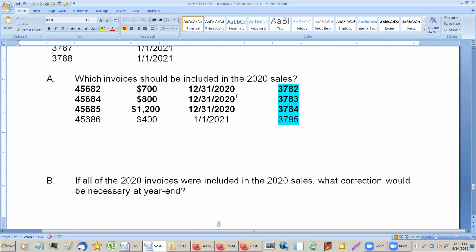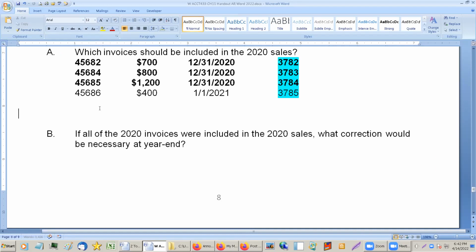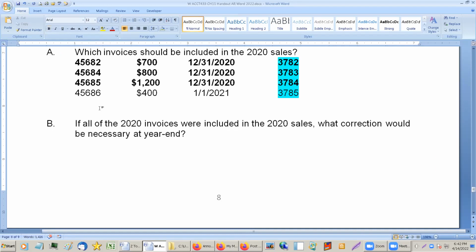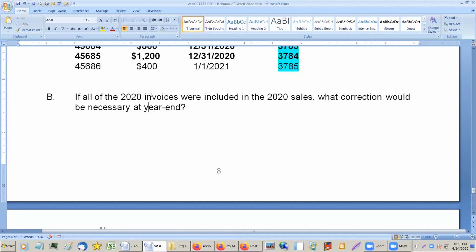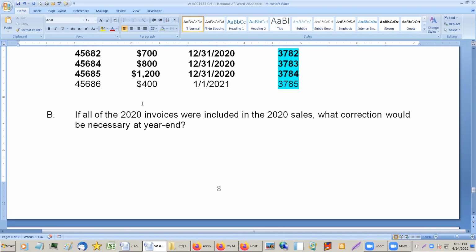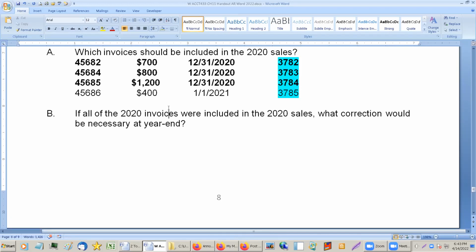So which invoices should be in there now? If all of the 2020 invoices were included in the 2020 sales, what correction would be necessary at year end? Oh, I get it.